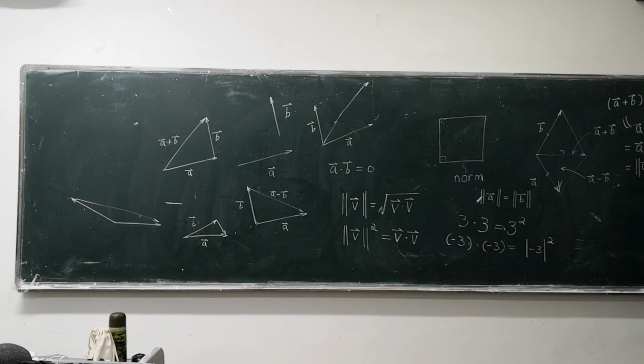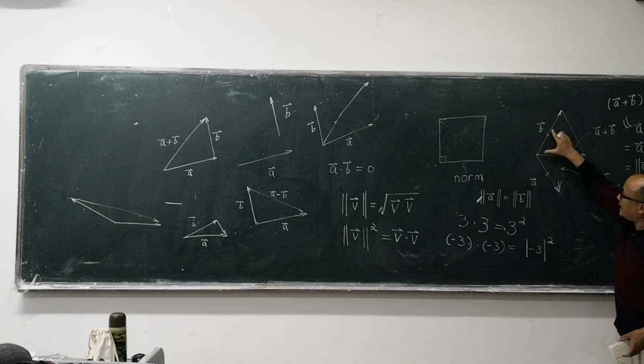So here b dot b is the norm squared. And we said this absolute value, oops, I said wrong. The norm of the vectors are equal.